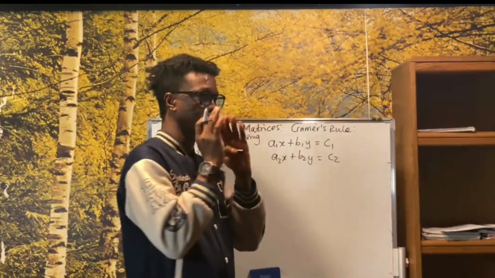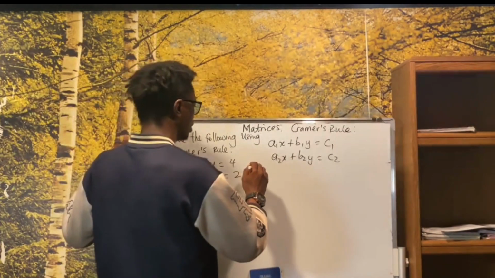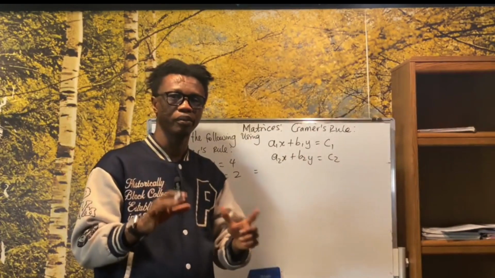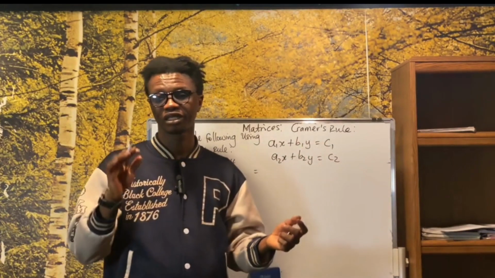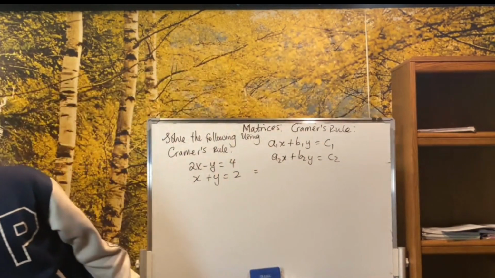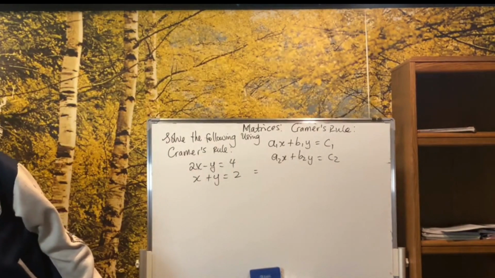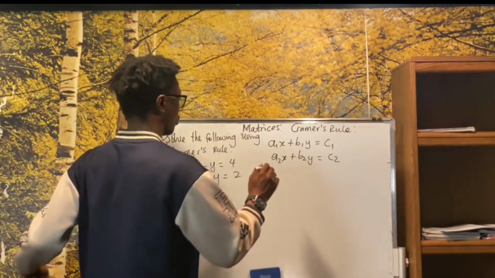Now, for us to use Cramer's rule, we say first you have to write this in the form of a matrix. So we express this in the form of a matrix. How?